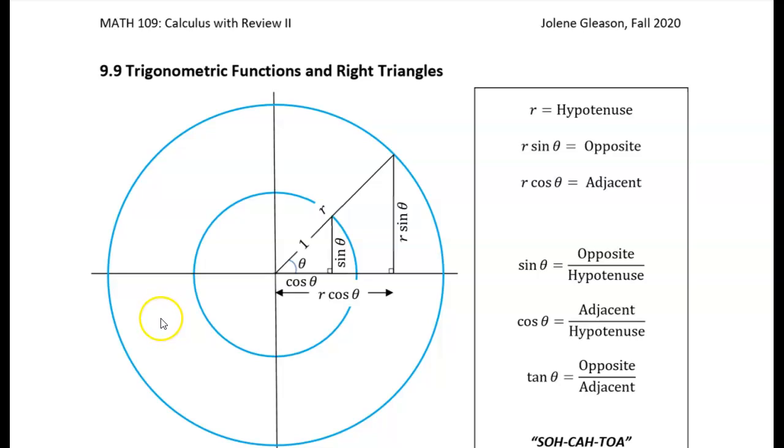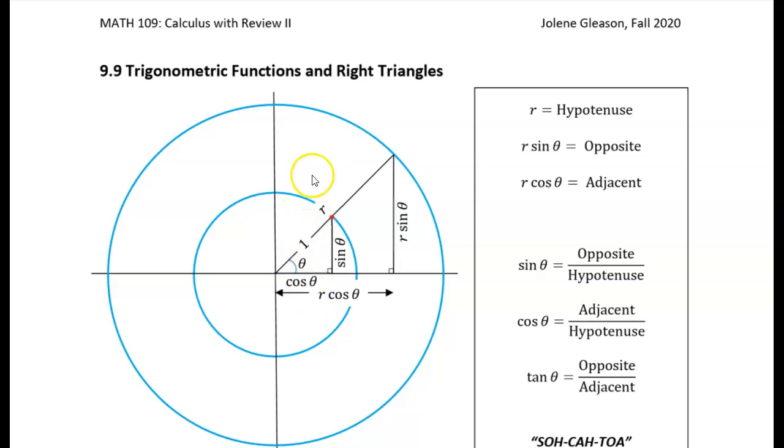All right, so today we're going to make the transition from unit circle trigonometry to right triangle trigonometry. You know from unit circle trigonometry that the coordinates of any point on the unit circle at a given angle are the cosine and the sine of that angle. So the coordinates of this point here are x is cosine theta, y is sine of theta.